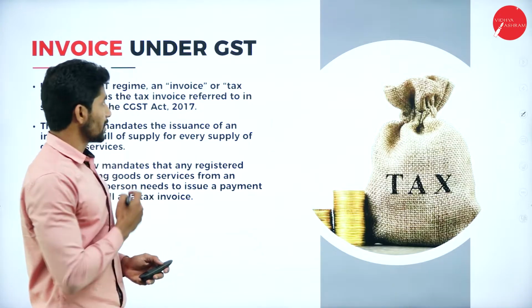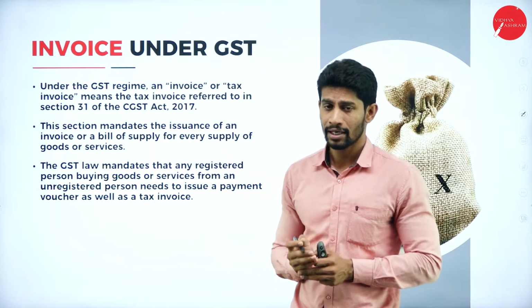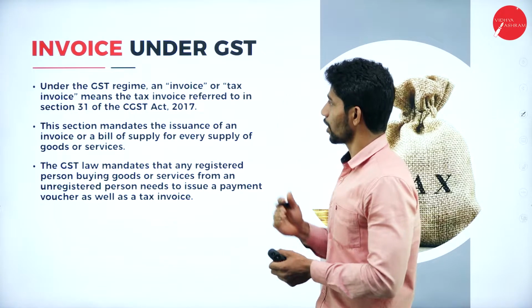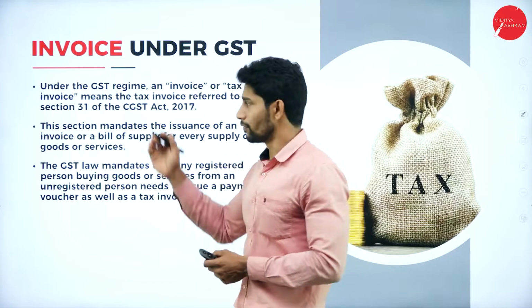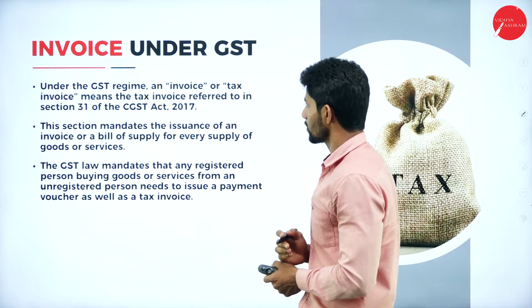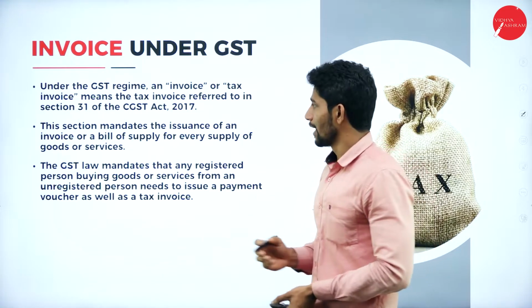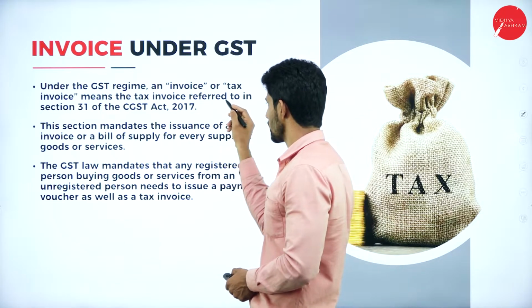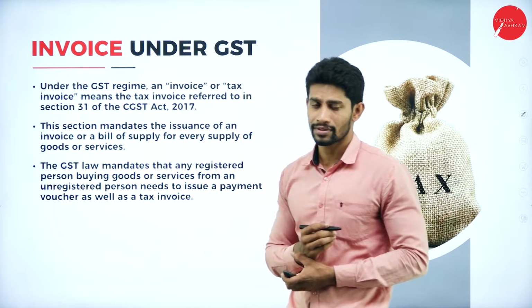So, invoice under GST. In the general sense, we got to know the meaning of invoice. But when it comes to GST, how does the GST authority determine the word invoice? Under the GST regime, an invoice or tax invoice means the tax invoice referred to in section 31 of the CGST Act 2017.